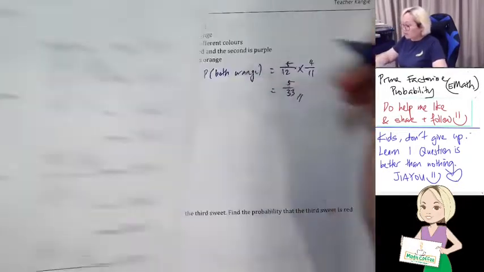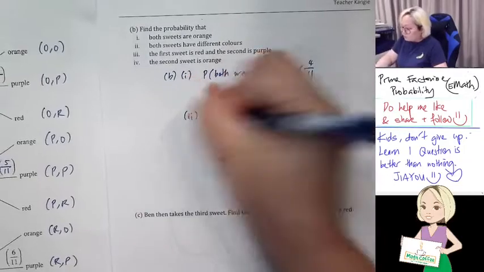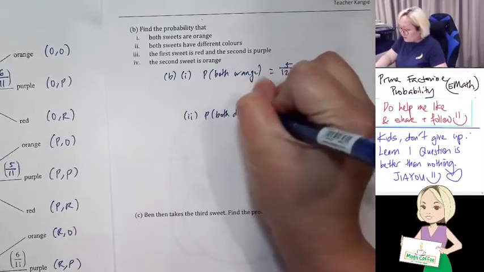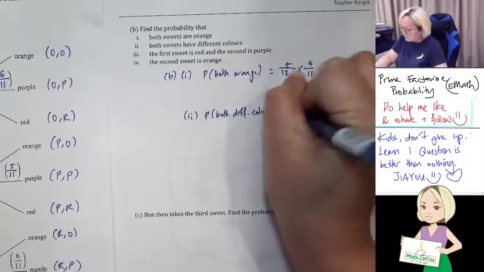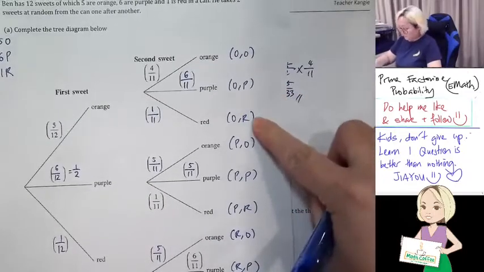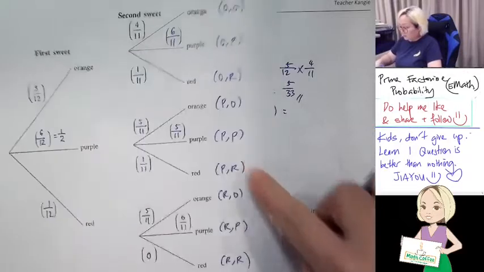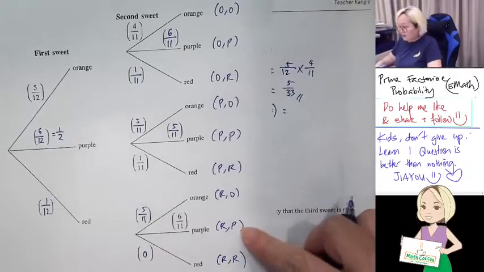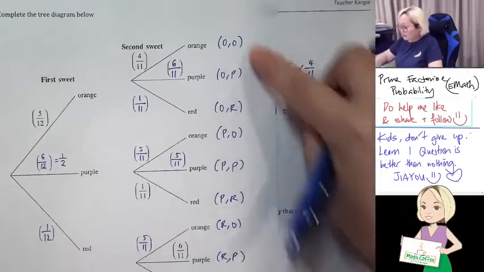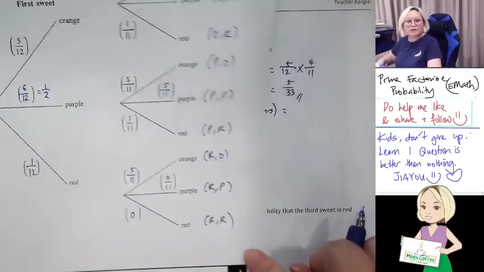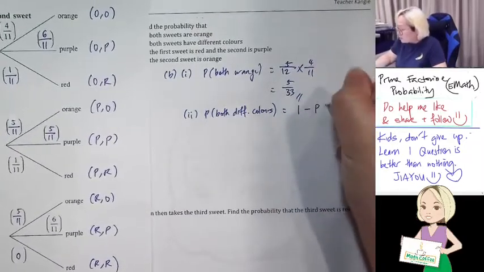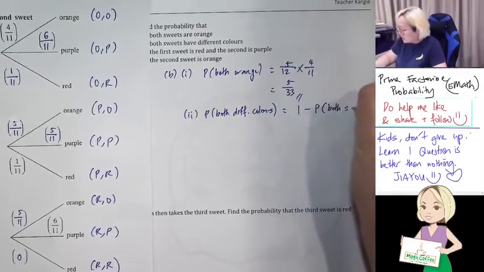So for part 2, probability of both different color, I will know that we are talking about these. We have a lot of different colors, so the trick is the lesser one is the one with the same color. So I'm going to do 1 whole minus probability of both same color.